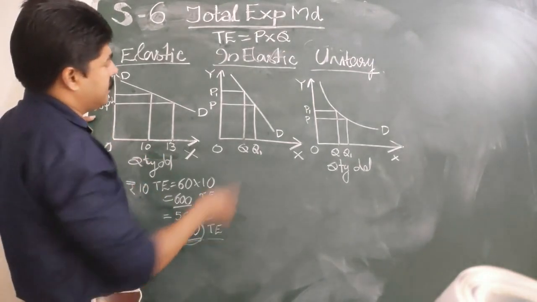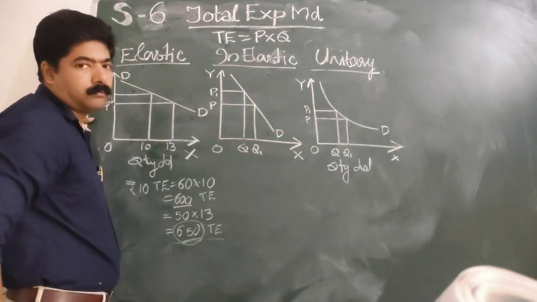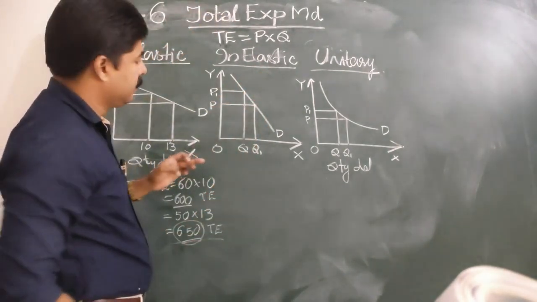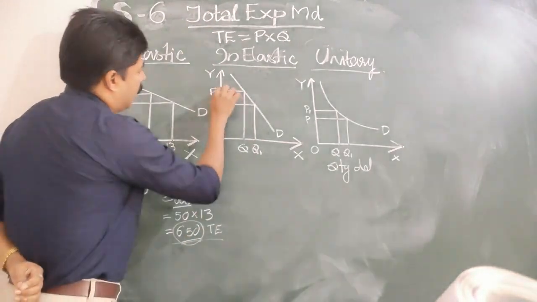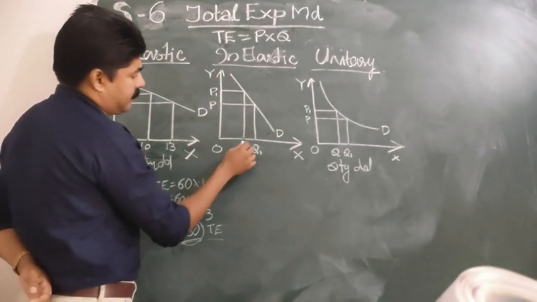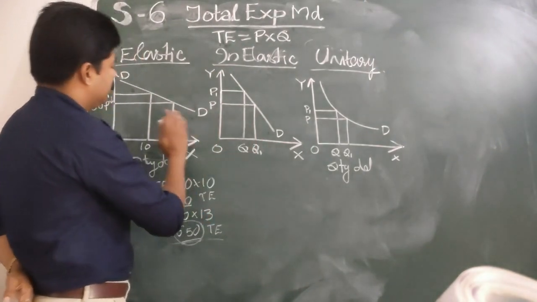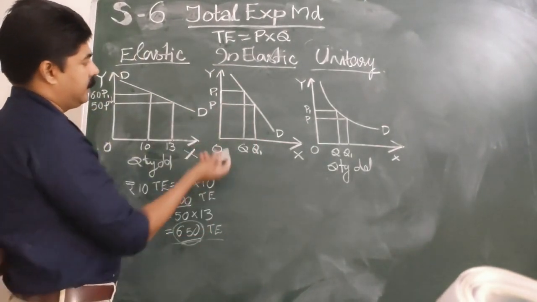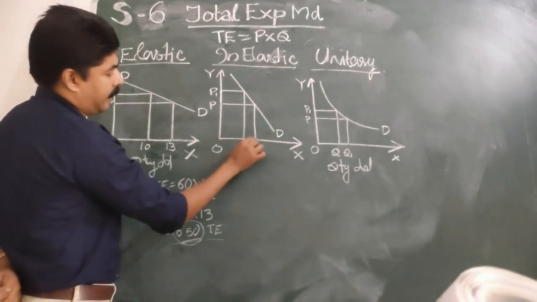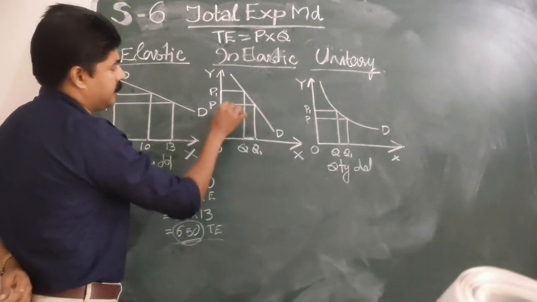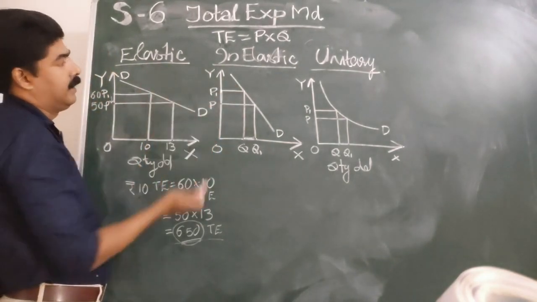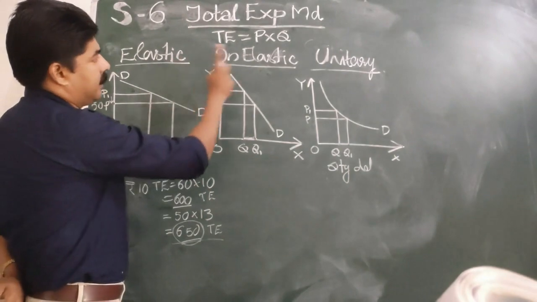The same case with inelastic demand under the total expenditure method: with a fall in price, look at this, P and P1 are the prices, Q and Q1 are the quantities, just opposite of elastic. Here the change in quantity demanded is lesser than the change in price, just opposite of elastic. So elastic, inelastic.